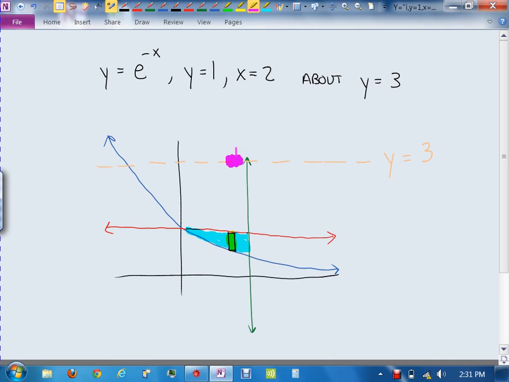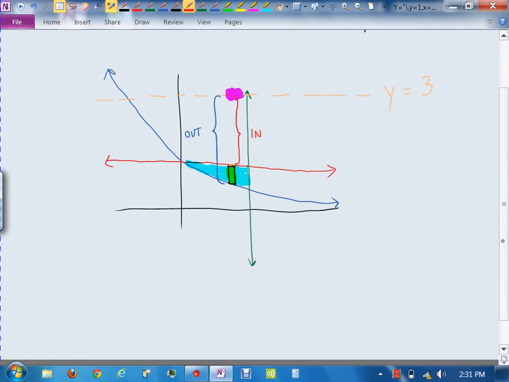I'm always hesitant to show it this way because books don't ever do it this way. But that's the way it made most sense to me as a student. So the outer, let me do my outer here, and I'll do the inner, is the distance from here to here.